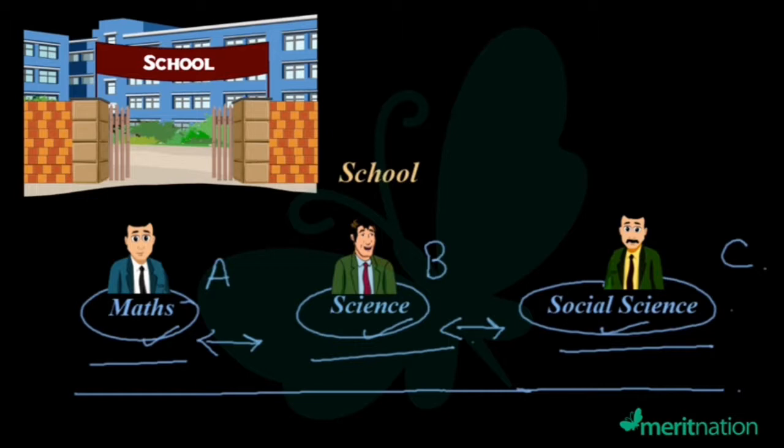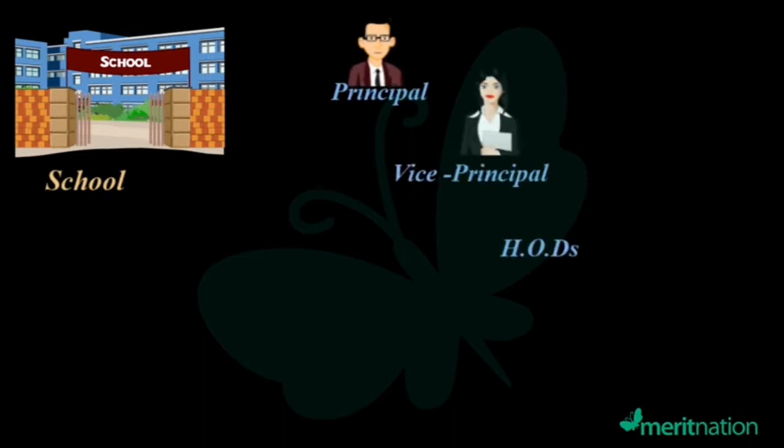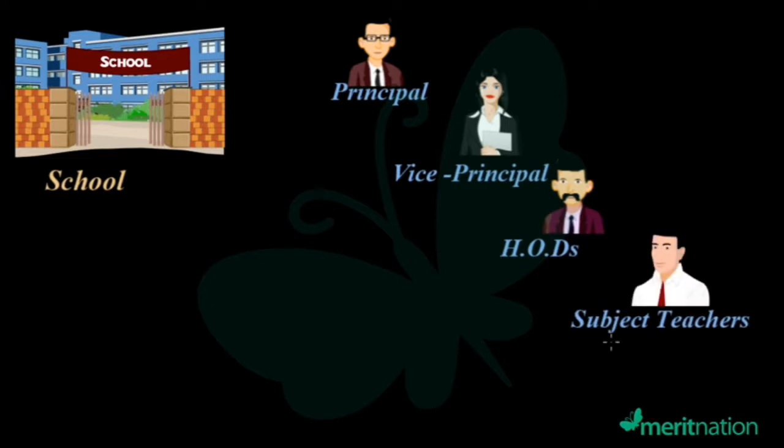Now, let's take another example. Your school has a principal, the vice principal, HOD, and the subject teachers. The subject teacher is answerable to the HOD, the HOD is answerable to the vice principal, and the vice principal is responsible to the principal for any kind of work that is happening in the school.